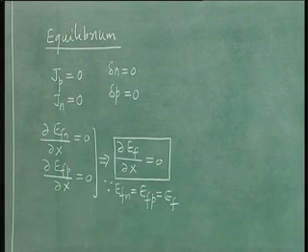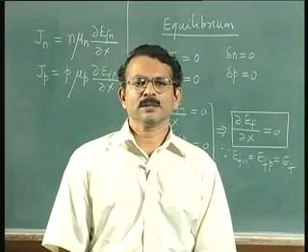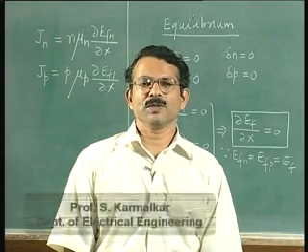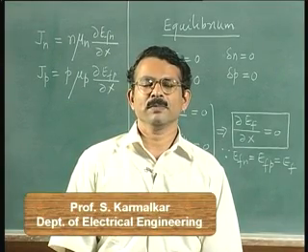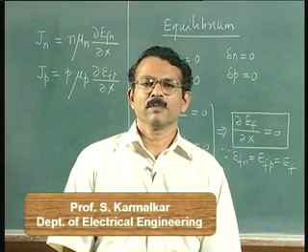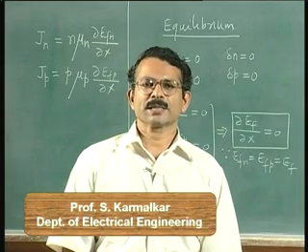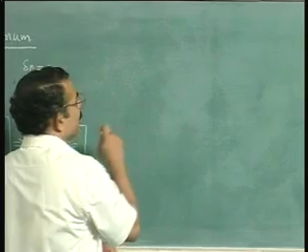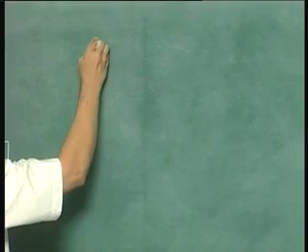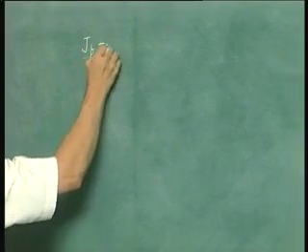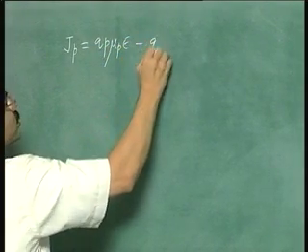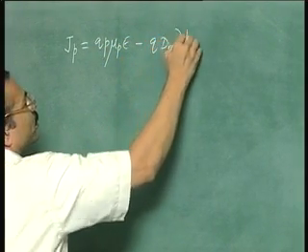Let us consider now another situation, and that is if the drift and diffusion currents, which are exactly in balance under equilibrium, are individually very large, but they are slightly in imbalance. So this means, for example, if I write for holes, Jp is Q p mu p into E minus Q Dp dou p by dou x.